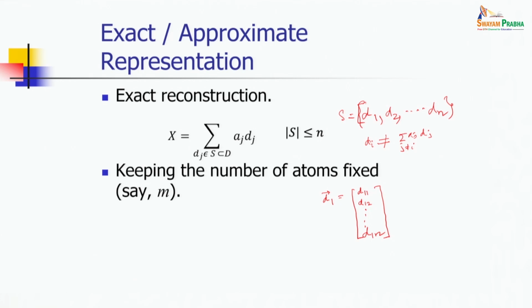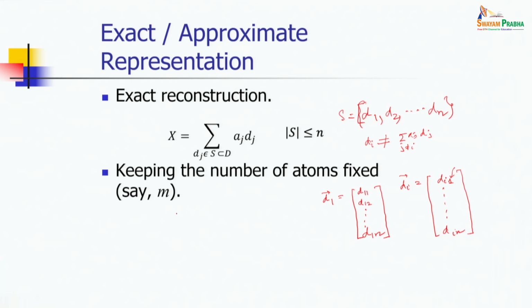Any particular ith vector in this set S can be represented in this form, di1 to din. For the sake of convenience, I am using the row index after i, because here i represents the ith column vector.